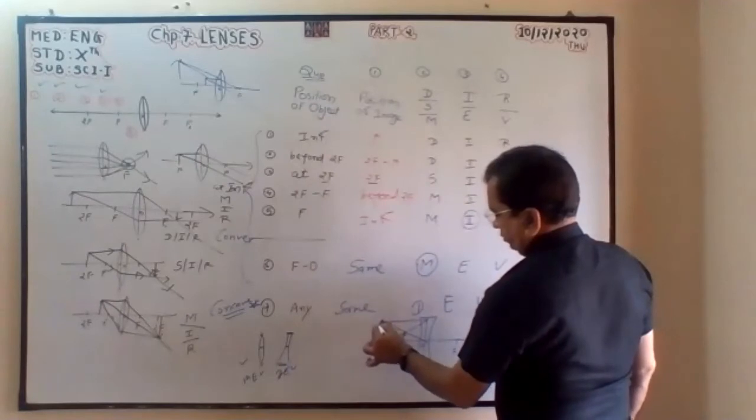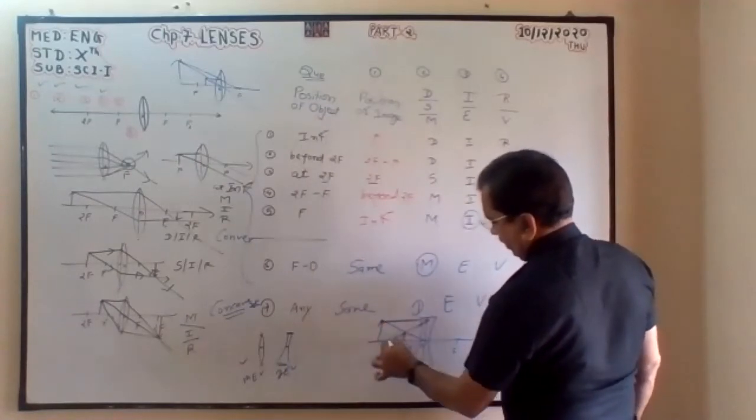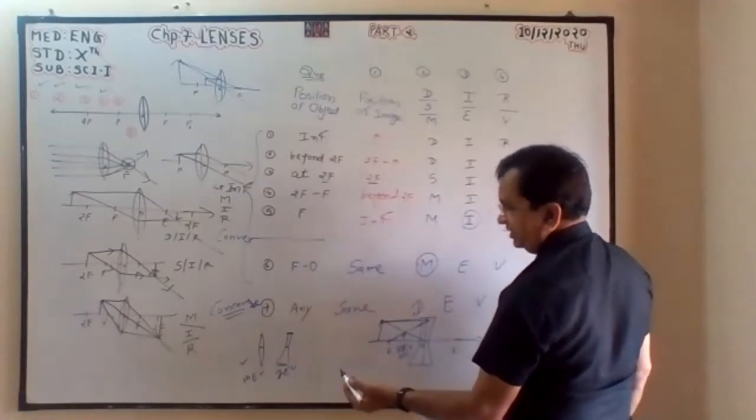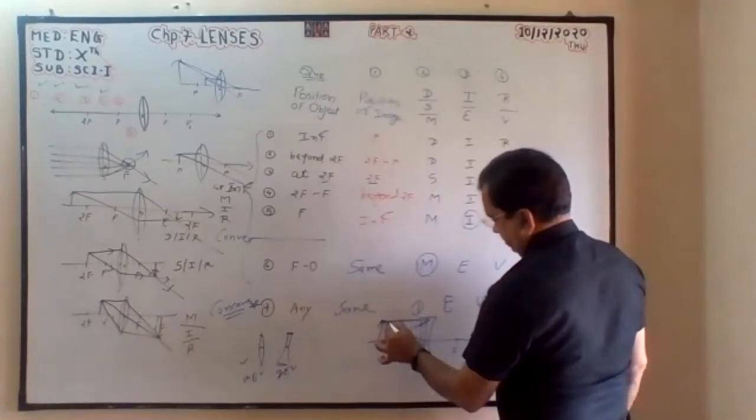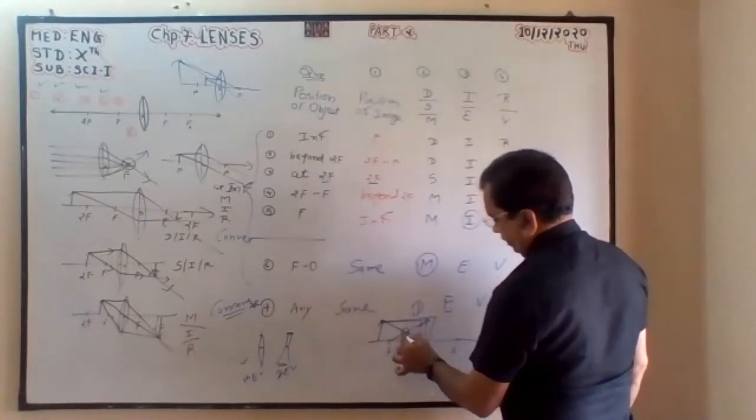Again, here is the object, draw parallel, pass through F, this side F, because it is diverging, then directly to the O. So the intersection point is the image.